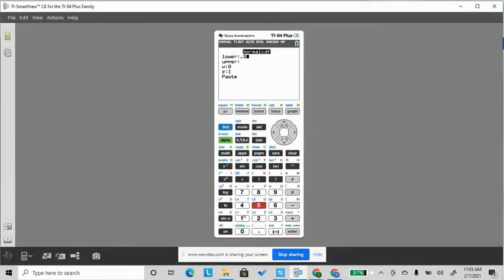So positive 0.51, and then we're going to go positive 0.51 to 2.84. Sorry, there was a typo on my paper I printed out. So lower, upper, 0, 1. Okay, and you get 0.3027.